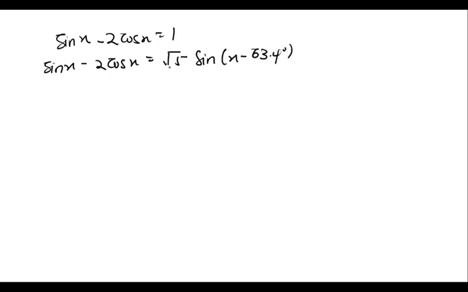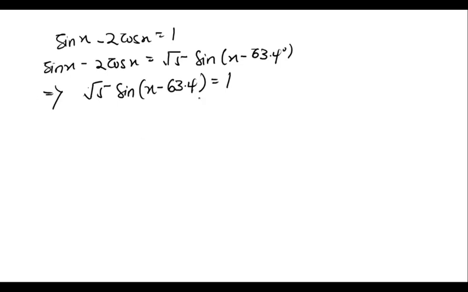That is after we found the value of R and then alpha. Now if they are saying sine x minus 2 cos x from the question is equal to 1, then it implies that what we have over here is also equal to 1. That is √5 sine x minus 63.4 is equal to 1.